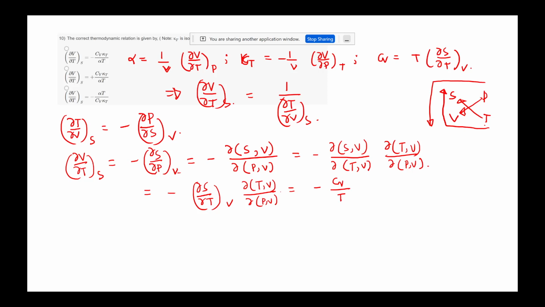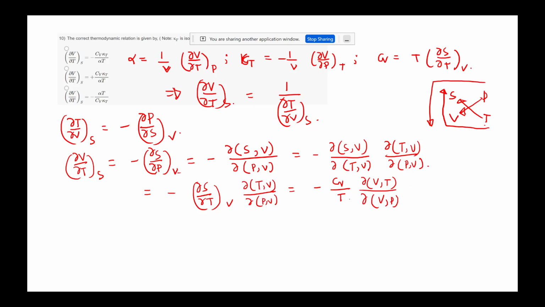Now this T by V and P by V, we need to keep V constant in each numerator, so we will flip two signs. This will be del V del T and del V del P. If you switch these variables once it is negative, but we have switched twice, so there is no problem.